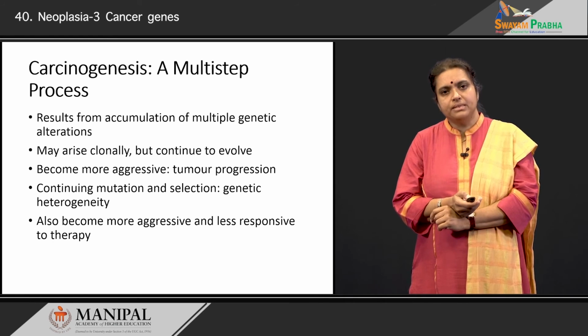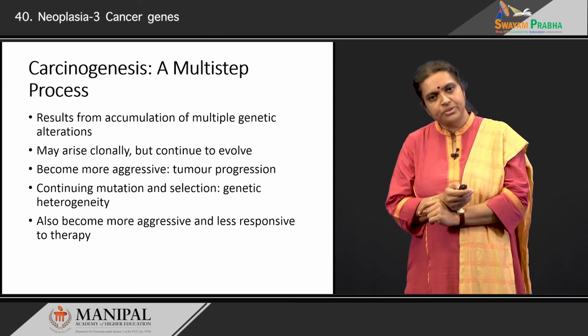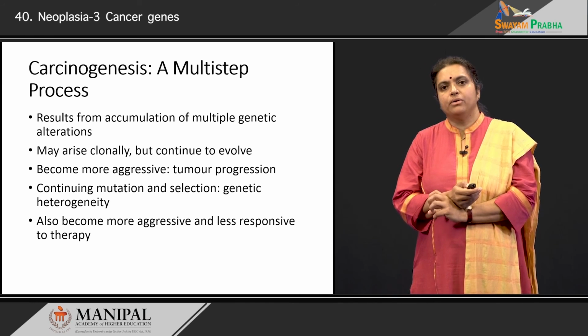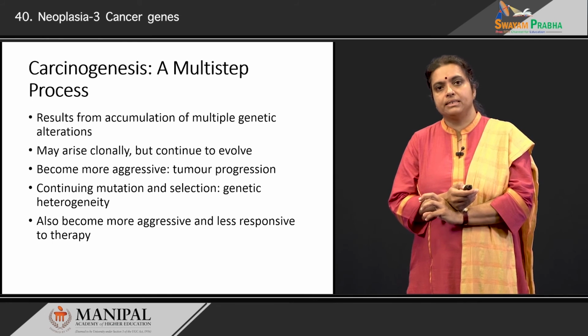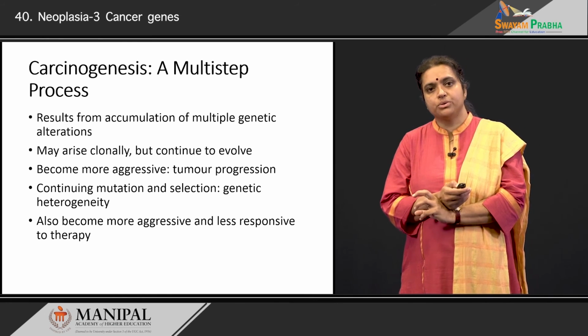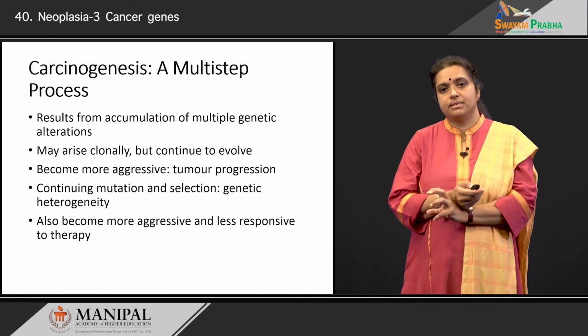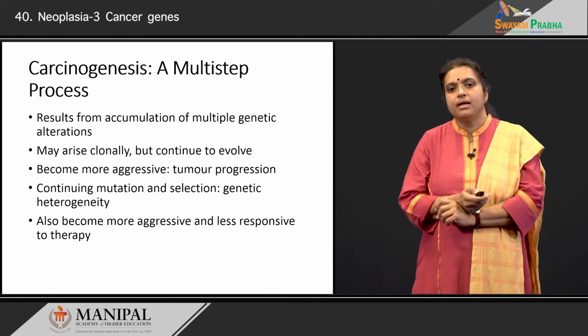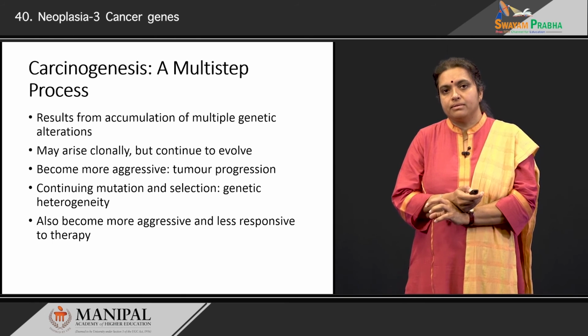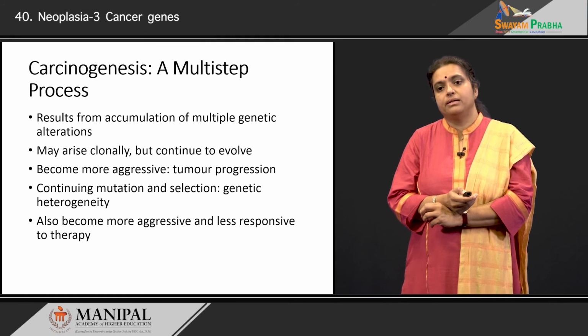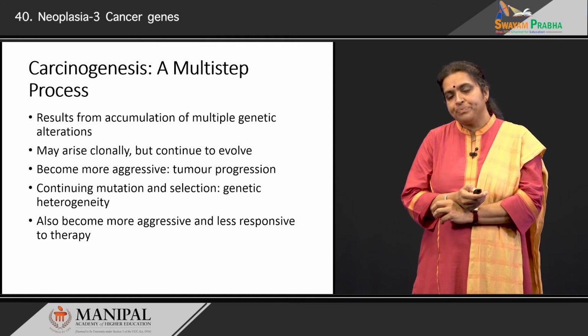Now, how does this happen? This happens because there are mutations that occur over time continuously and only the fittest cells, the ones with an advantage to grow and proliferate, survive. We have already discussed this. There is a Darwinian selection there and that is how the tumor progresses and becomes more aggressive and less responsive to therapy.